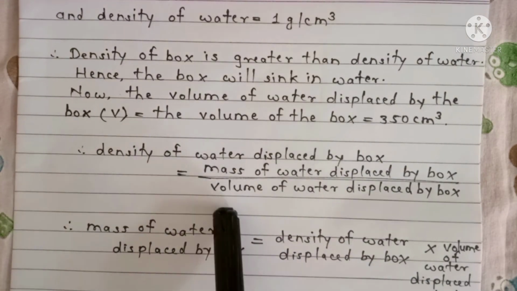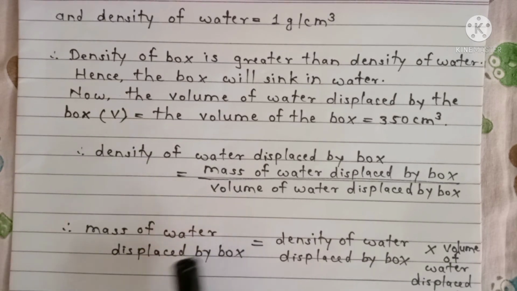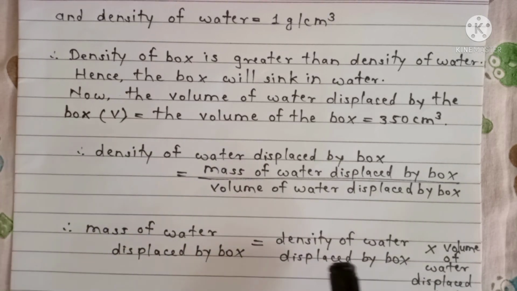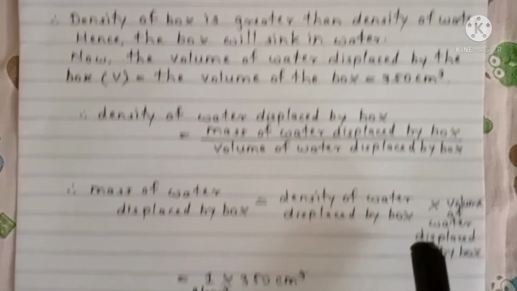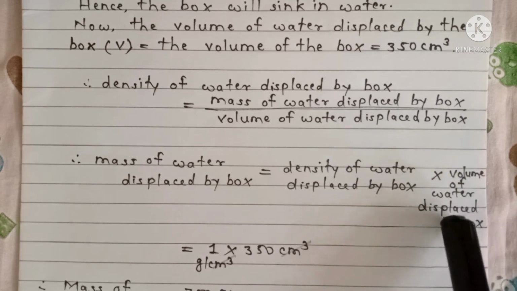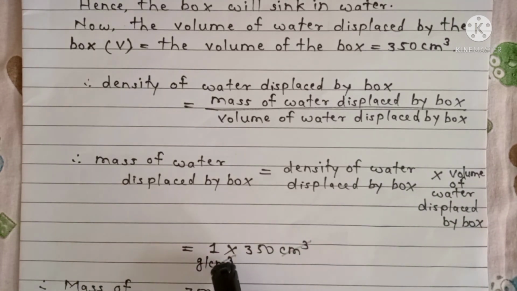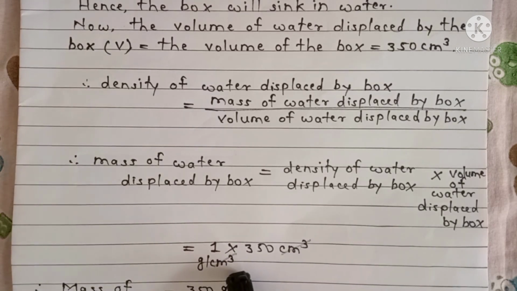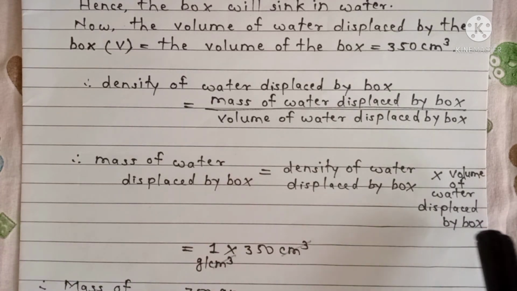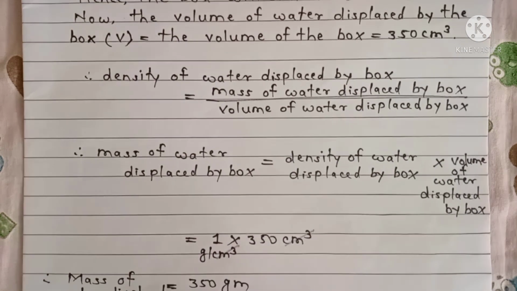So due to that, the density and volume will multiply each other. So the mass of water displaced by the box is equal to the density of water into the volume of water displaced by the box, and that is equal to the density of water, 1 gram per centimeter cube, into the volume of water displaced by the box, 350 centimeter cube.